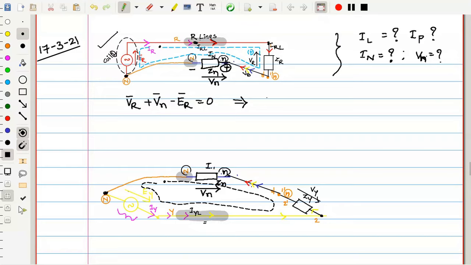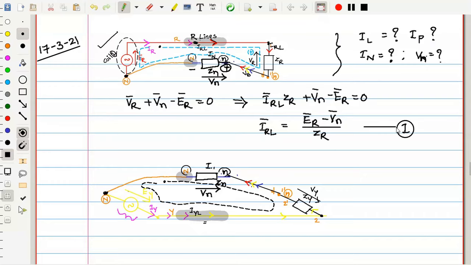So IRL into ZR plus VN minus ER is equal to 0. From this you can find the line current IRL phasor is equal to ER phasor minus VN phasor divided by ZR. Let us call this equation number 1.